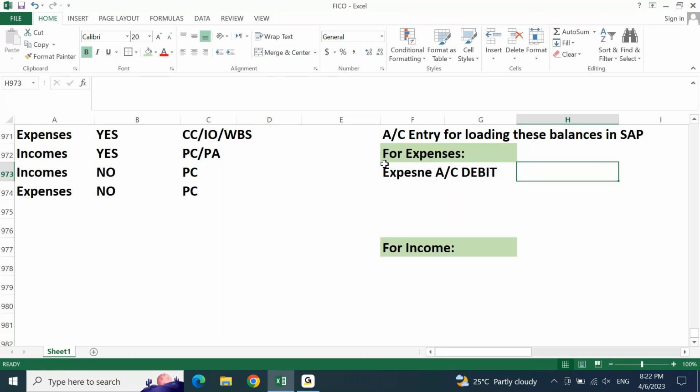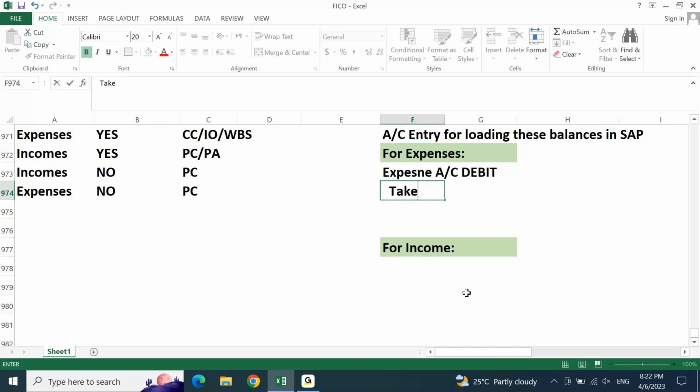We call it the takeover account, data takeover accounts, migration accounts or technical accounts. Let's say we will write takeover account. Take the takeover account and credit it. For any expense data migration, this will be your accounting entry.